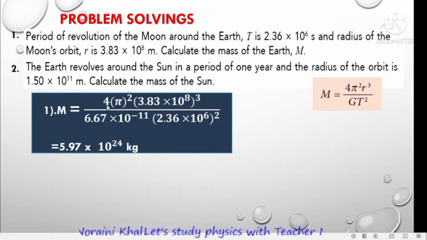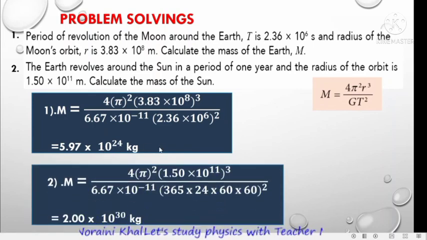So you just substitute in the formula: 4 pi squared, the radius of orbit cubed, and the universal constant G, capital G, and the period of revolution squared. Use a calculator. You will get the mass of the Earth as 5.97 times 10 to the power 24 kilograms.